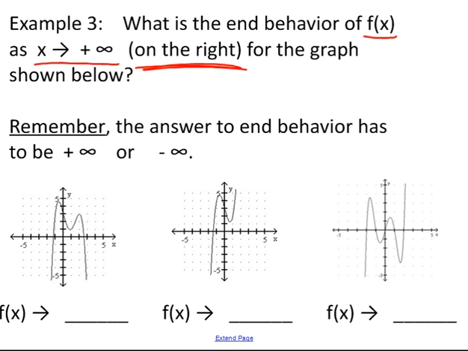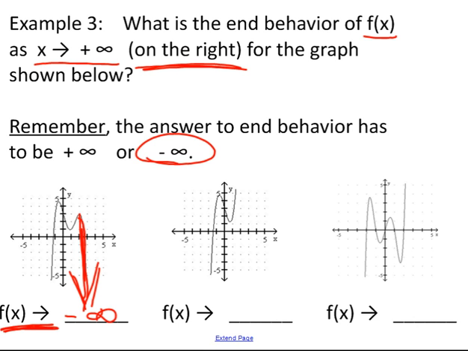So, on the right side of the graph, is the y value going up or down? Well, since my arrow points down, my y value would approach negative infinity. That means down. So my f of x approaches negative infinity.